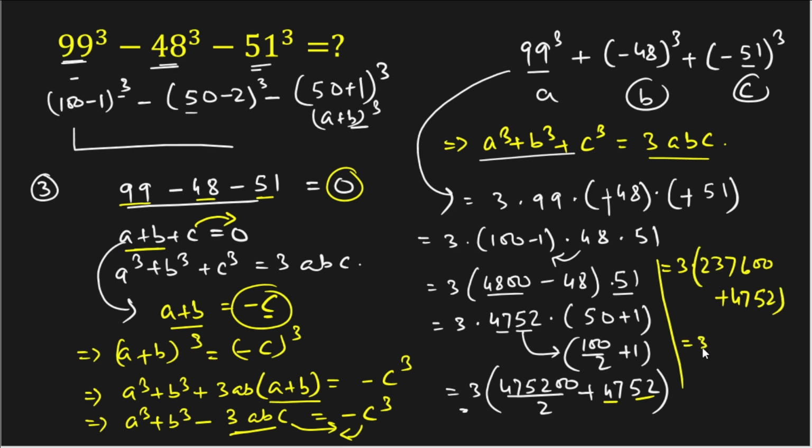Now adding them, we get 242352. Now we'll multiply it by 3. 3 2s are 6. 3 5s are 15, 5 remaining 1. 3 3s are 9 and 1 is 10, remaining 1. 3 2s are 6, 6 and 1 is 7. 3 4s are 12, 2 remaining 1. 3 2s are 6 and 1 is 7.